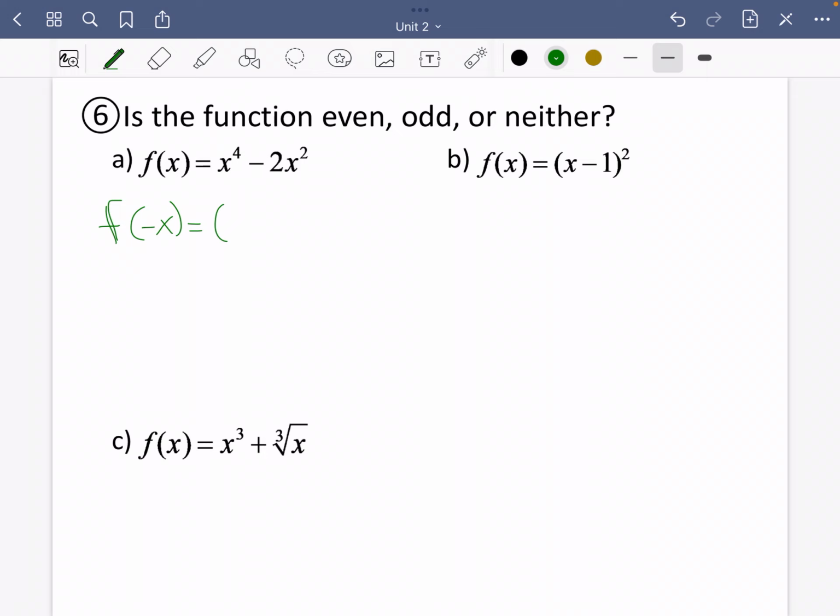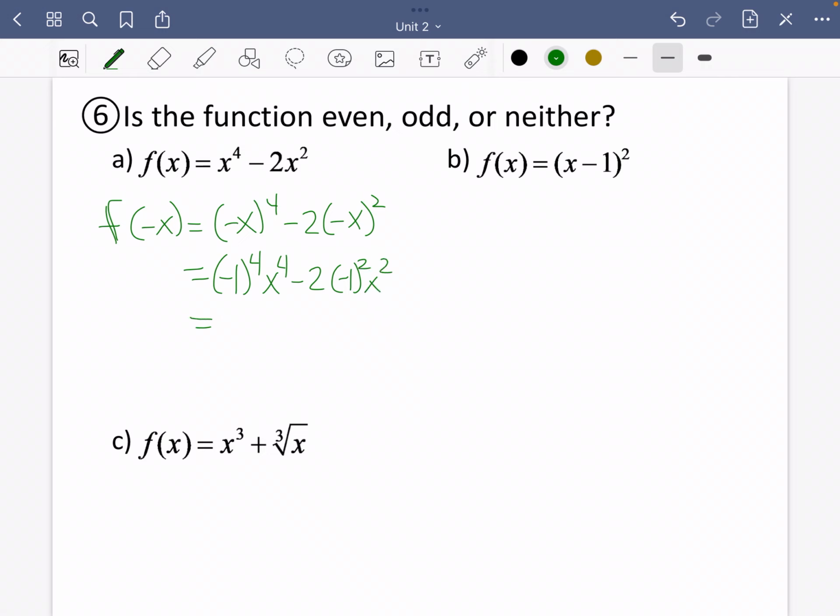It means in the function we are going to replace x with -x everywhere. So -x to the fourth is the same thing as -1 to the fourth times x to the fourth, minus 2 times -1 squared times x squared.